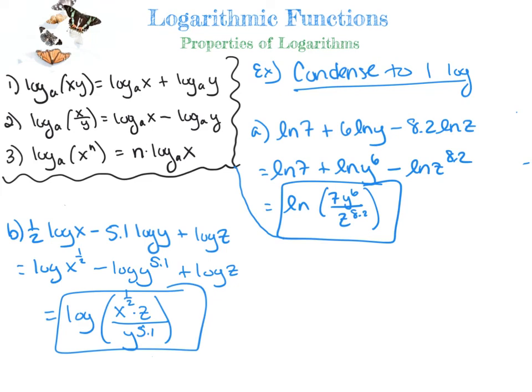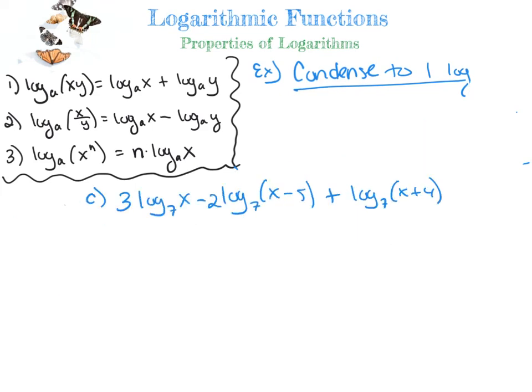Let's do one last example. Let's condense the 3 log base 7 of x minus 2 log base 7 of x minus 5 plus log base 7 of x plus 4. And just for the sake of emphasis, I'm going to add plus log base 5 of x. Okay, first thing we want to do is, just like in the previous examples, take these coefficients and move them up as exponents.